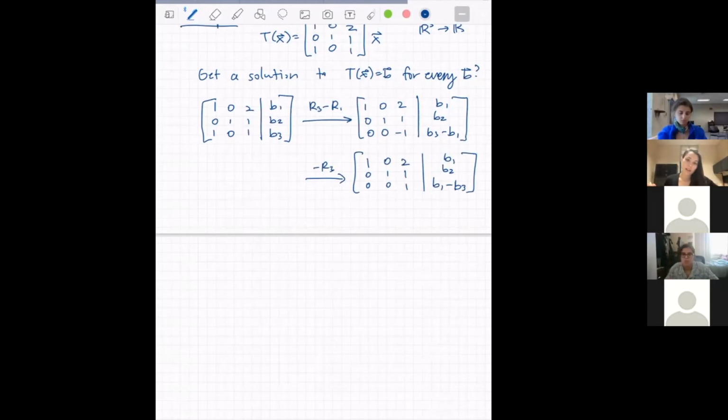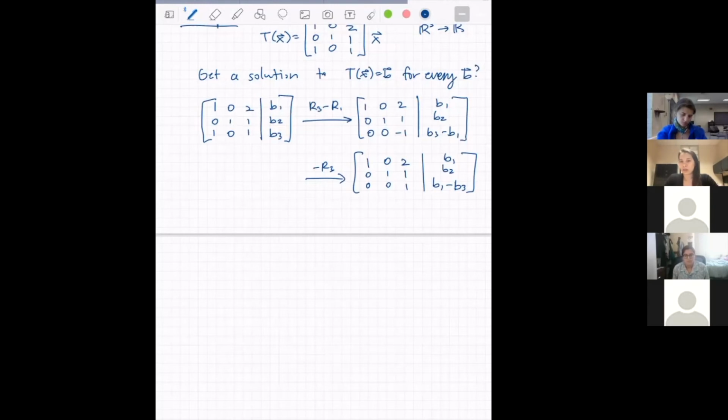Okay. Do we want to put it into reduced row echelon, or would regular echelon be fine? So just to fully answer the question and actually demonstrate a solution for every b, I'm going to fully reduce, but you would actually know.